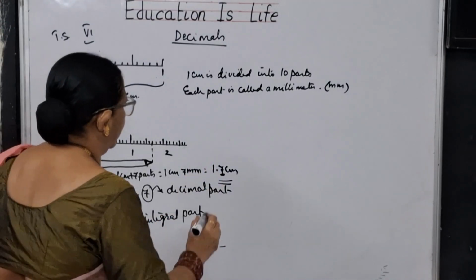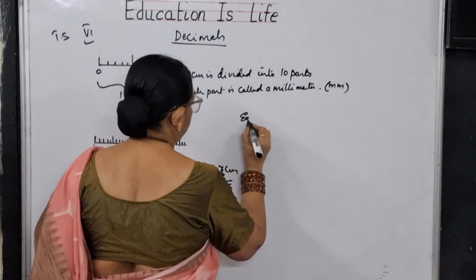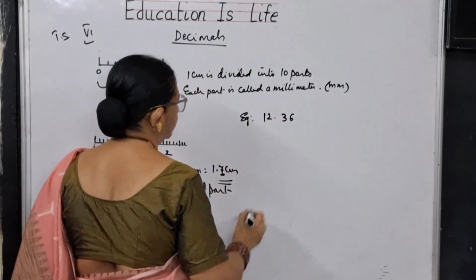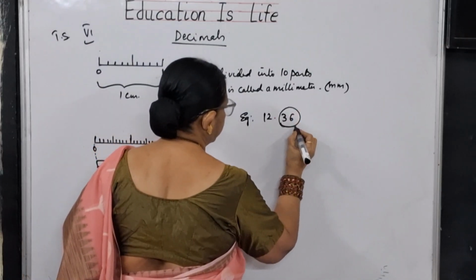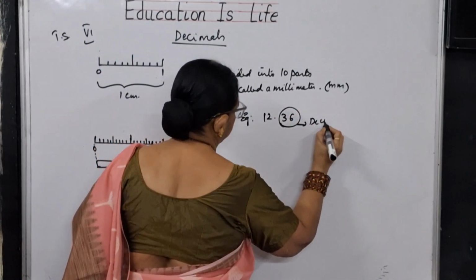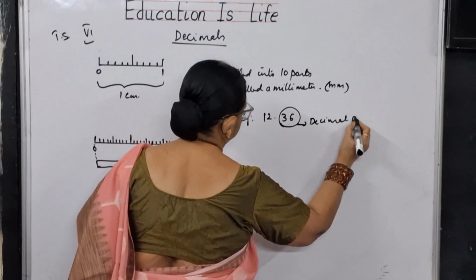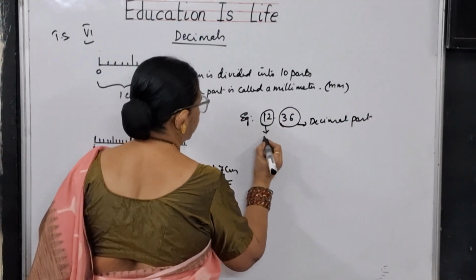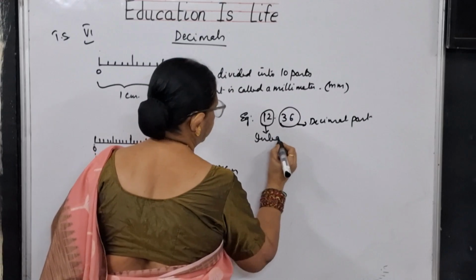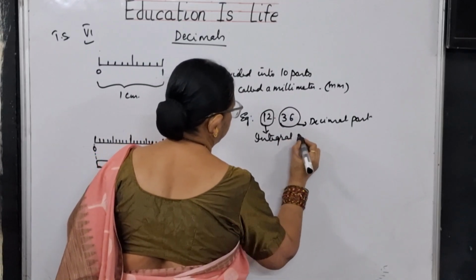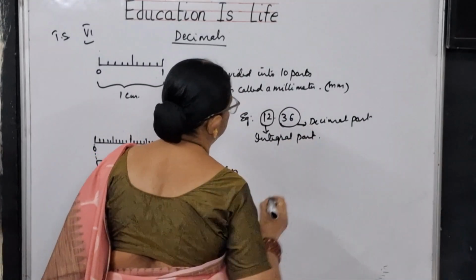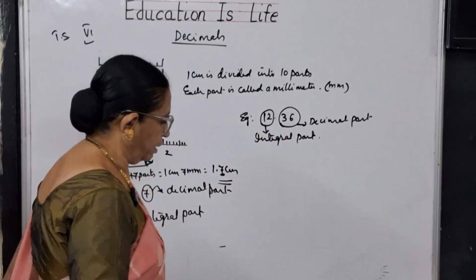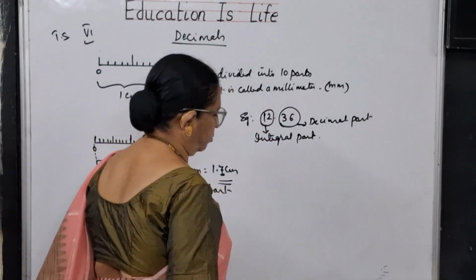As an example, take 12.36. The part after the point becomes the decimal part, and this becomes the integral part. Every decimal will have an integral part and a decimal part. This you should understand.